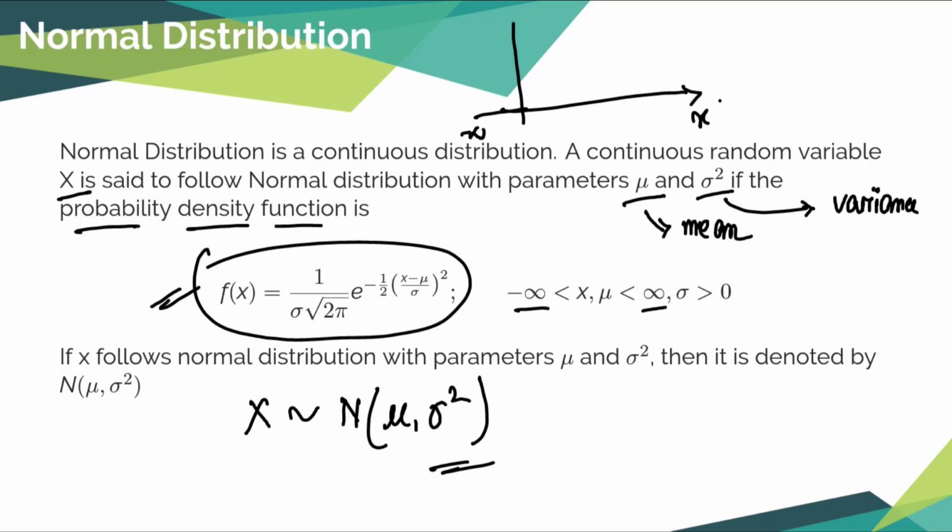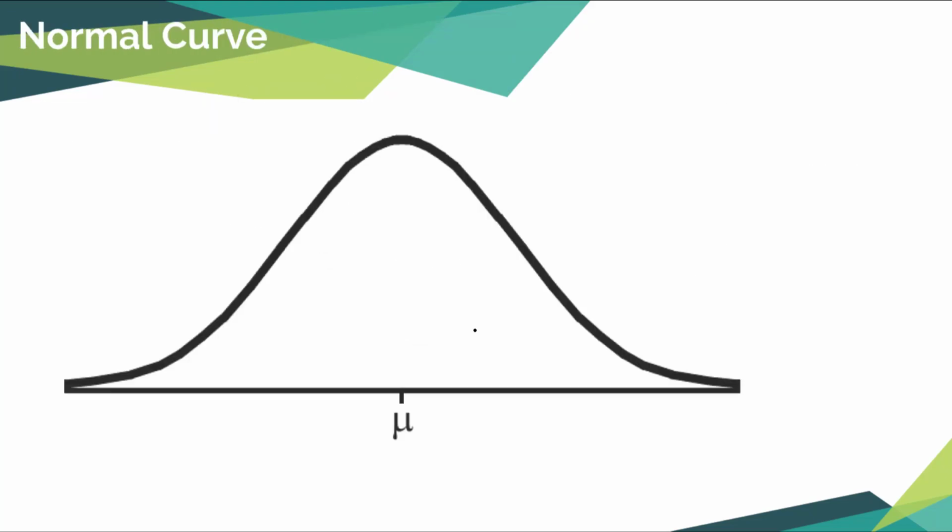Now if you plot the value of f(x) along the y-axis, you will get a curve, right? You will get a line. This line is called the normal curve, and it looks like this. No matter what the values of mu and sigma square are, the normal curve will always look like this, right?